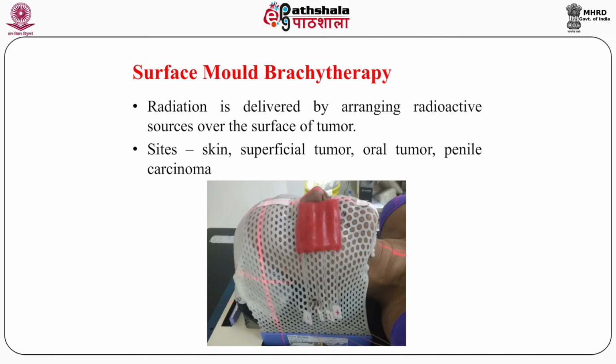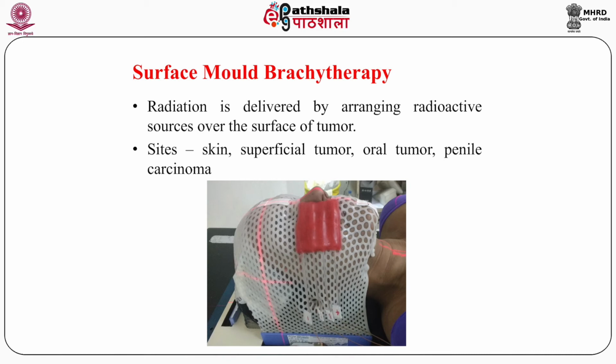Here, these applicators, either hard plastic or sometimes stainless steel, are placed in the area and a mold is prepared. The distance between these applicators is approximately 8 to 10 mm, and the number of applicators depends on the size of the area. If the size is small, even 2 or 3 applicators are sufficient. If it is big, then more applicators are put and a mold is prepared, which is placed on the area of interest.